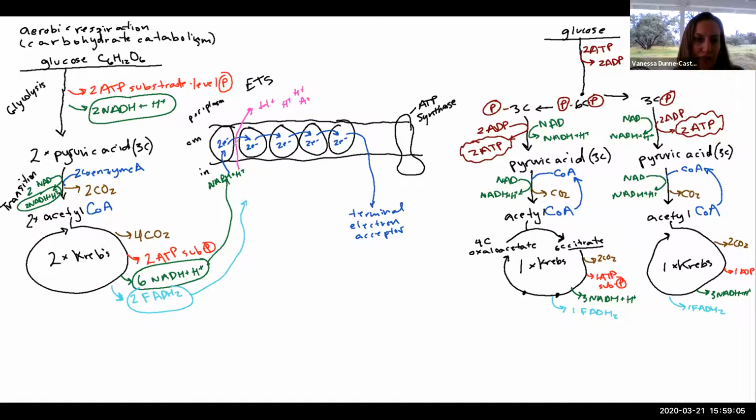These guys cannot pass through. They pass through these proton pumps. So what I'm actually drawing here are proton pumps, okay? So this is facilitated by proton pumps. Proton pumps, that's what I'm showing you here.